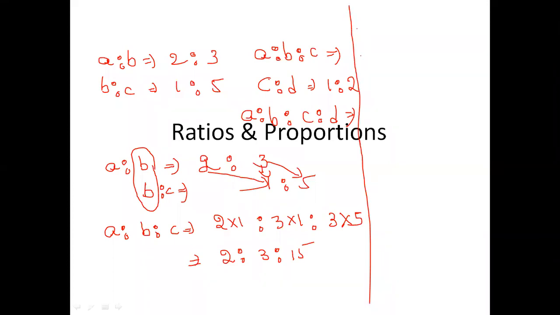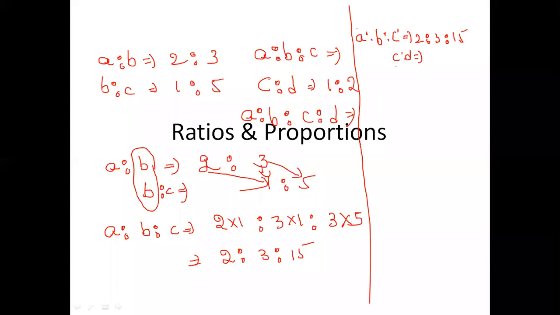So check here for finding out four ratio numbers. A is to B is to C, the value you already have, is 2 is to 3 is to 15. Then C is to D. I want to find the ratio of four numbers, guys.